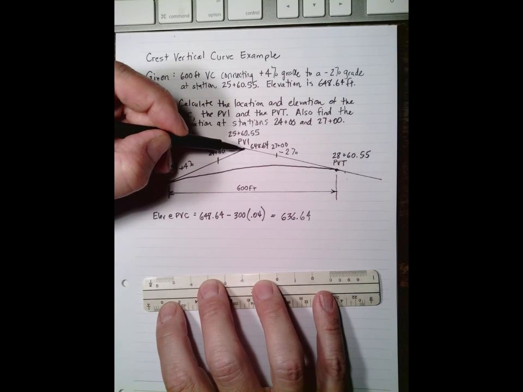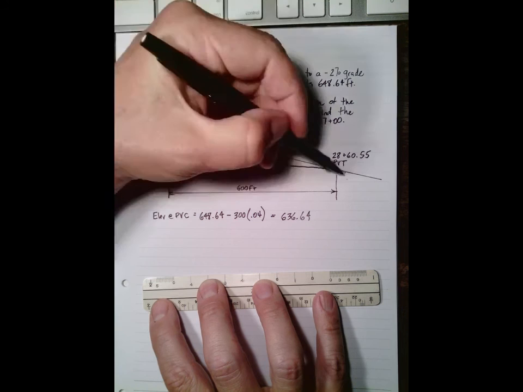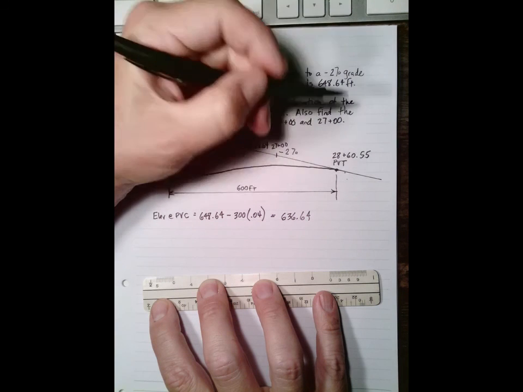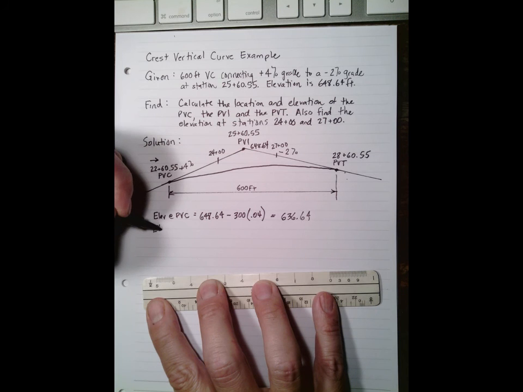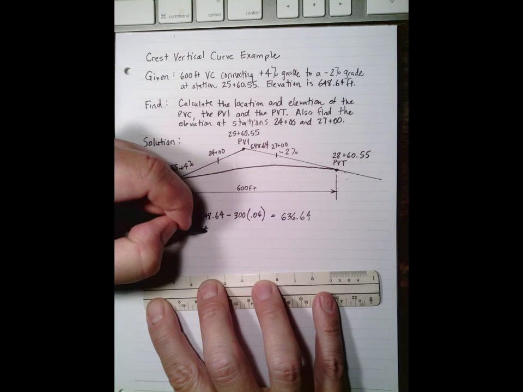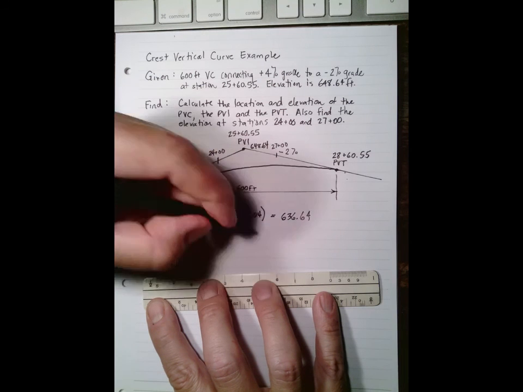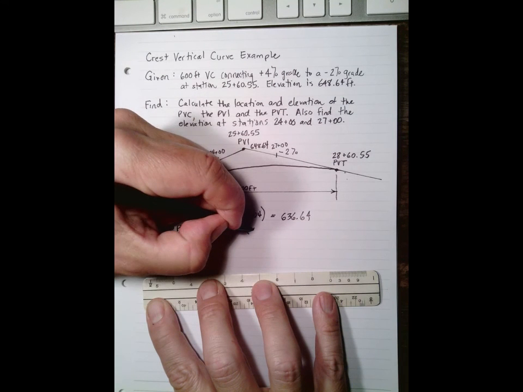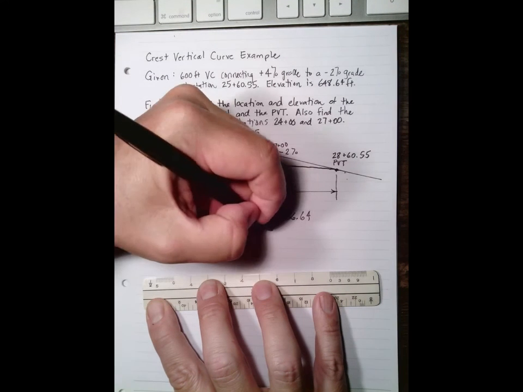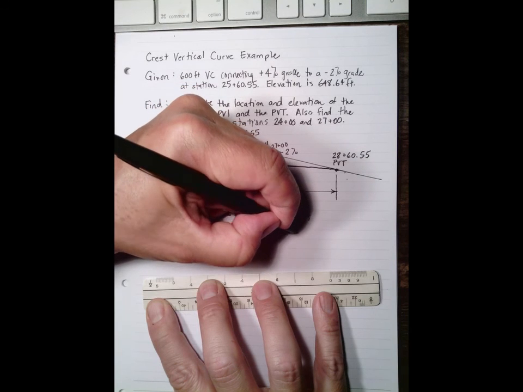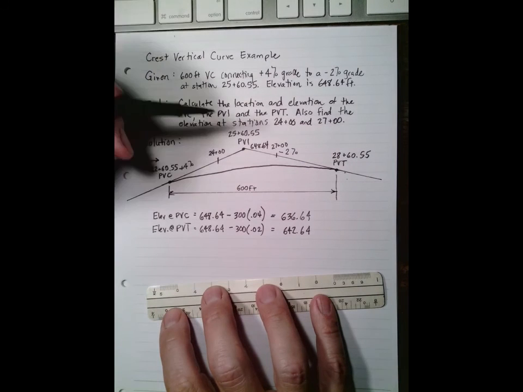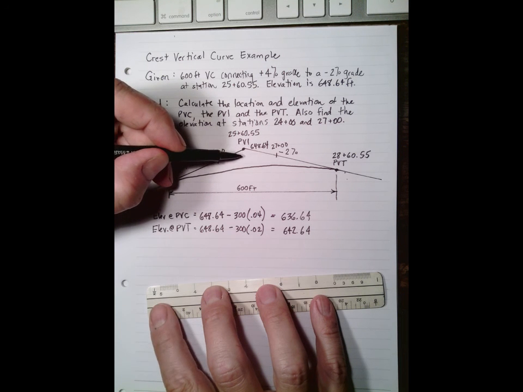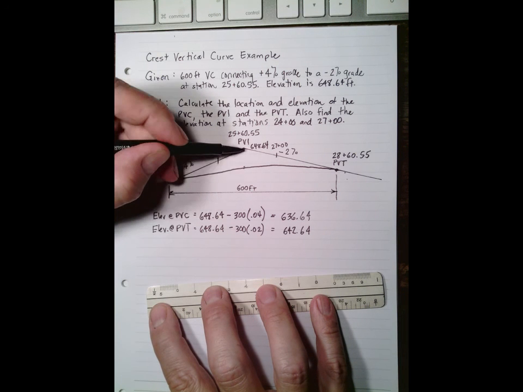We take the elevation that we know here at the PVI and we subtract the vertical difference between those 2 points moving in that direction. So we can calculate the elevation at the PVT. And so that's 648.64 minus 300 times the slope, which is 2%. So the elevation there is 642.64.